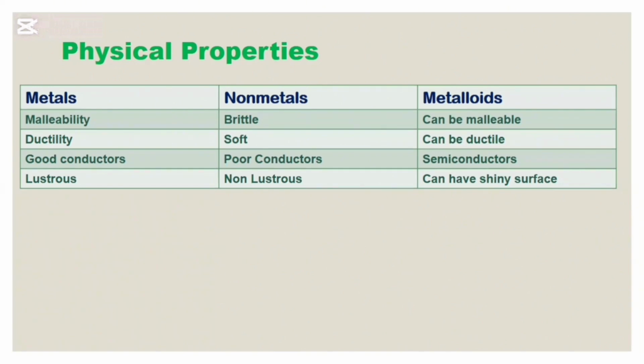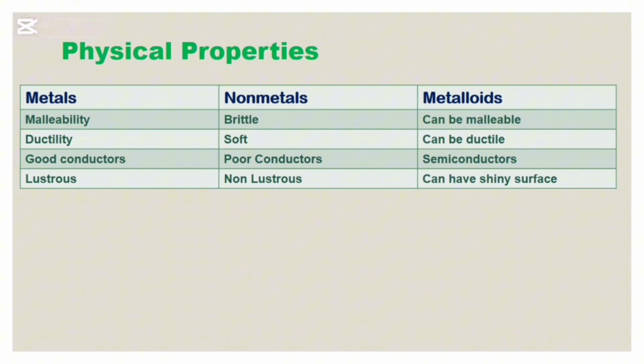When we talk about metalloids, they can be malleable or ductile because they show both metallic and non-metallic properties. The most important thing is that they are semiconductors because they can conduct electricity under certain conditions. For example, silicon. They can either have a shiny appearance or a dull appearance because of their metallic and non-metallic nature.